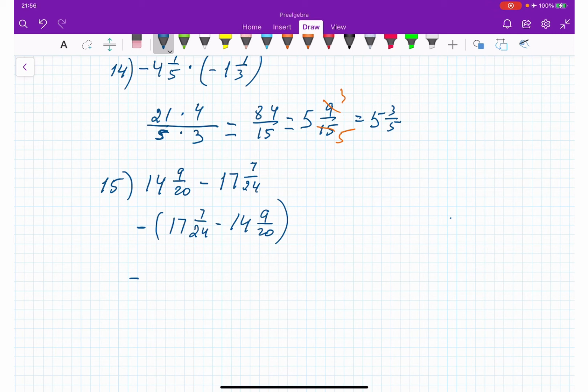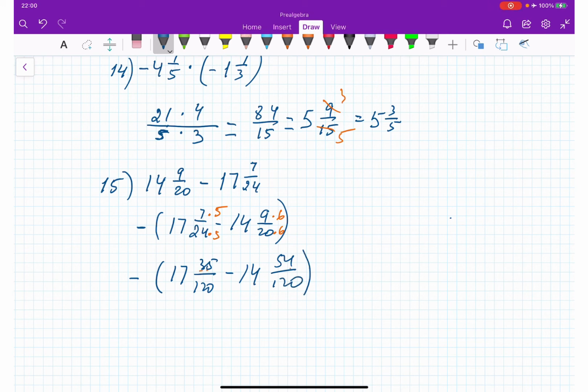So 24 and 20, we said common denominator is 120, which means this is going to be 5 times, this is going to be 6. And the result is negative 17 and 35 over 120 minus 14 and 54 over 120.